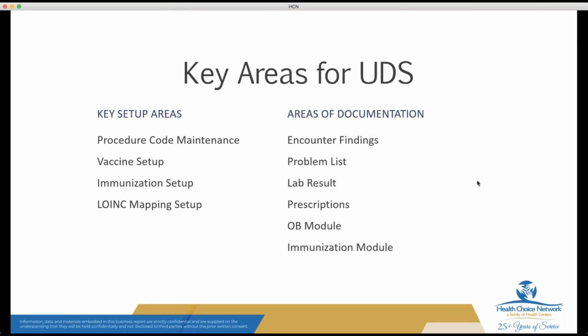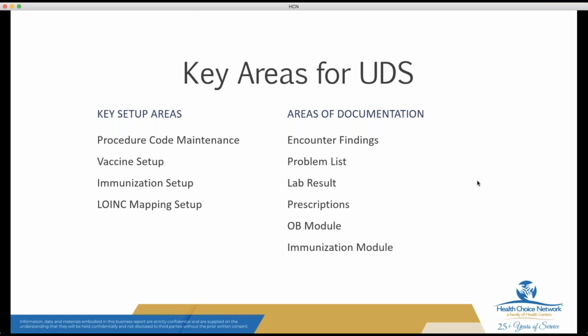Okay, so here, this is for energy customers. So the key areas for UDS are actually in both practice management, but the majority of it is in the EHR system. So from the practice management side, the procedure code maintenance is an area that we will talk about, and then the rest are all EHR, which includes the vaccine setup, immunization setup, and there's LOINC mapping that does impact the reports.